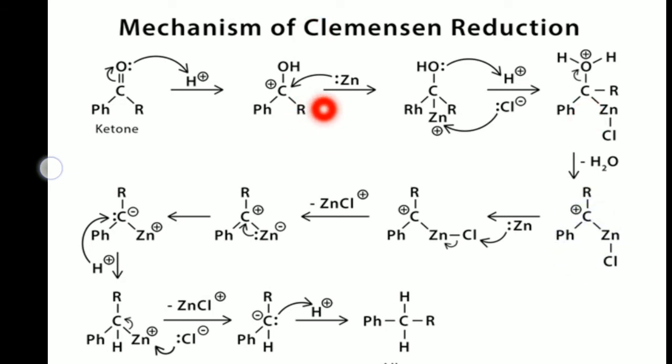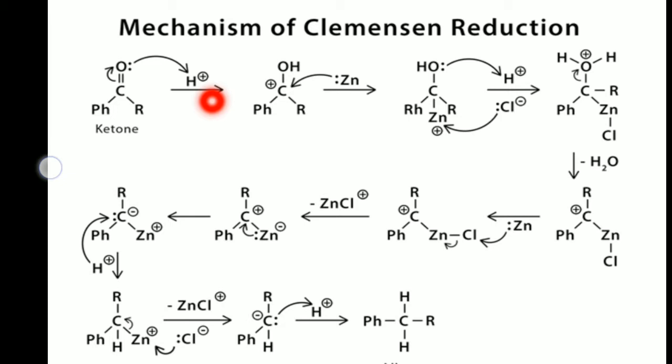That carbonium ion adds with another zinc atom, which removes chloride ion from this carbonium ion in the form of ZnCl plus.